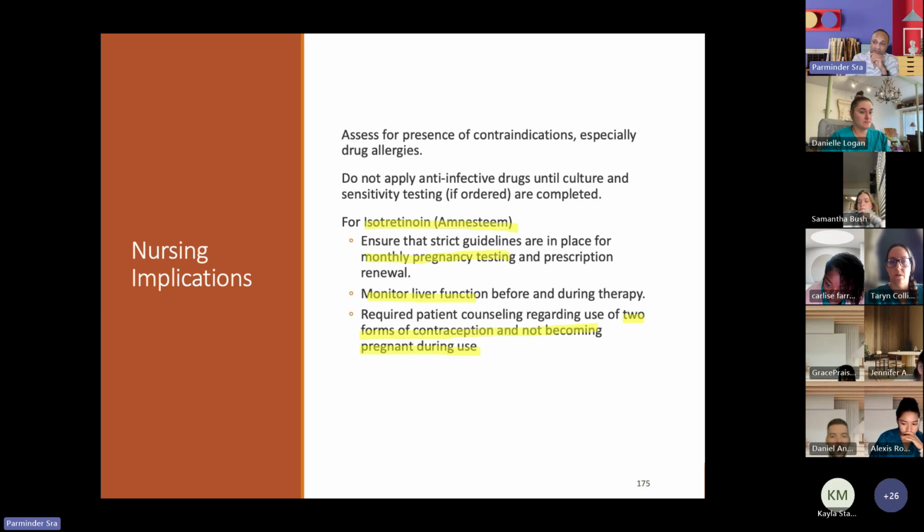Also, long-term use of this medication can increase cholesterol level. But the more important aspect is the pregnancy testing, 2 forms of contraception, and monitoring liver functions.